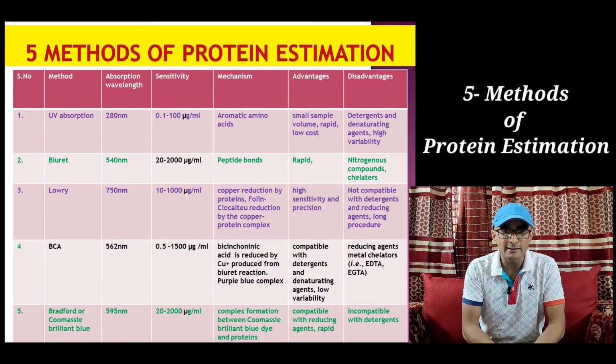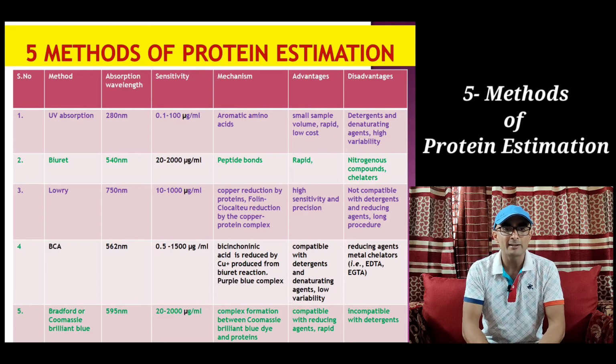But this method is not used if detergents or denaturing agents are there in the protein sample, because they also absorb at 280 nanometer. That's why the calculation is incorrect if you have detergents or denaturing agents in your sample. Moreover, it has very high variability.